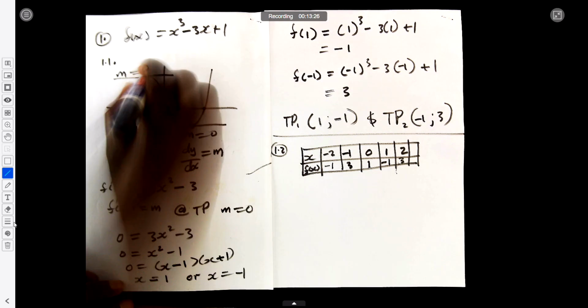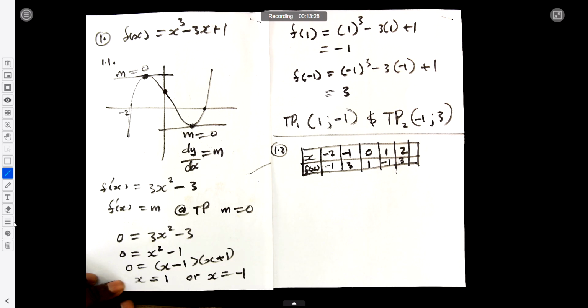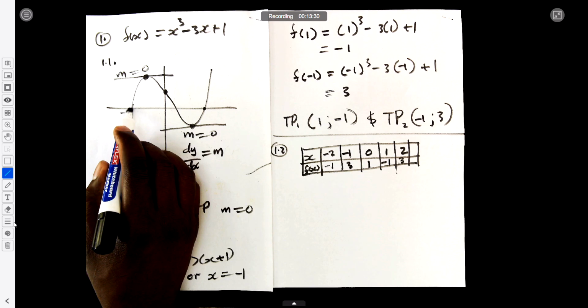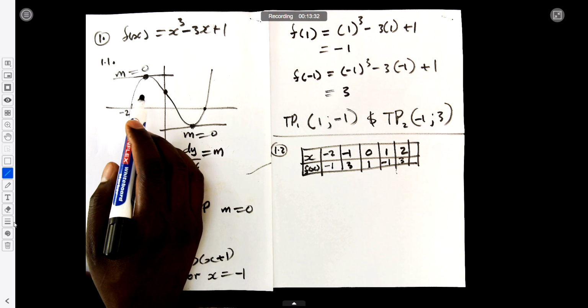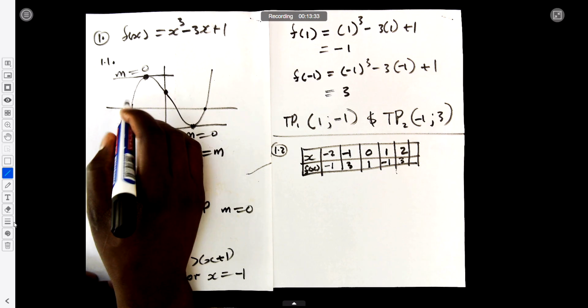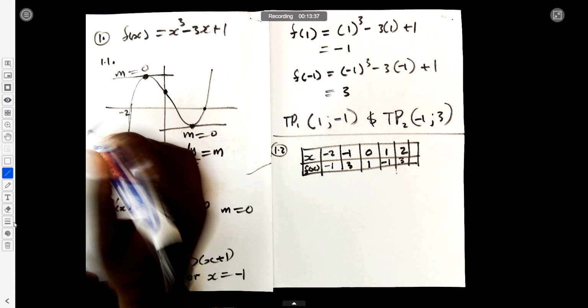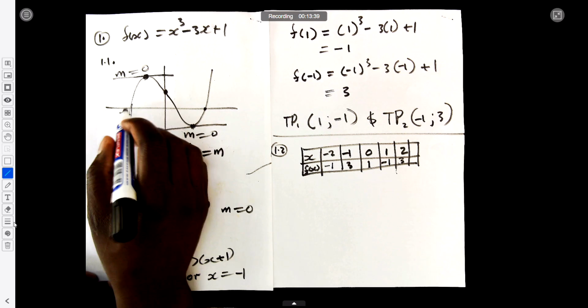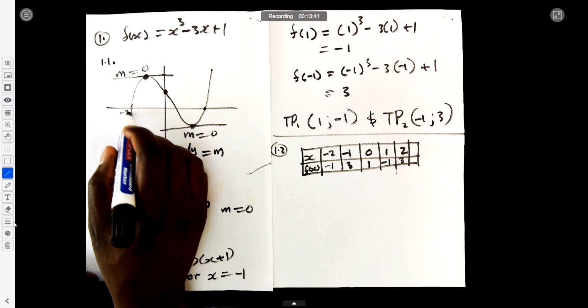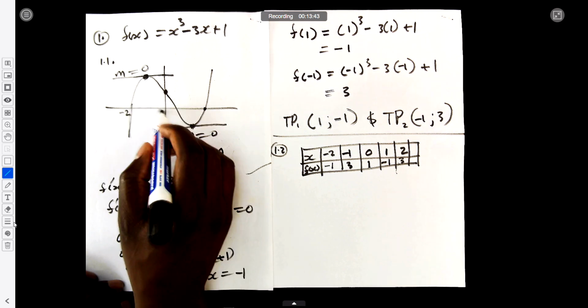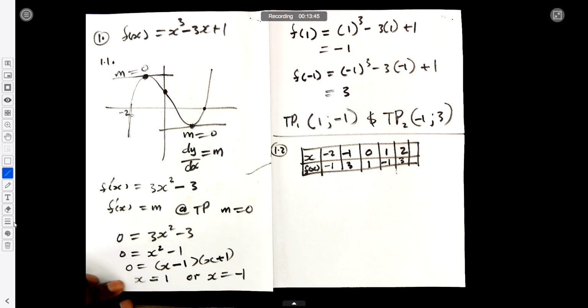So put the turning points there in the graph, and we know that at x equals -2 we have -1, and then somewhere there.